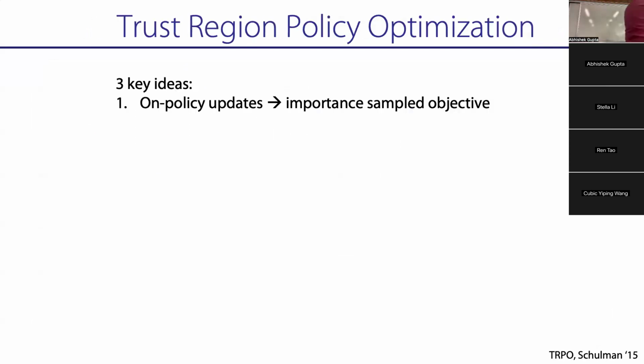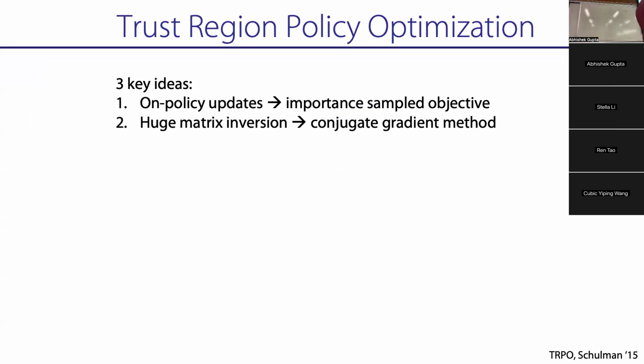And so what we're going to try and do is deal with these issues with the algorithm TRPO, which has three key ideas. The first is that you don't want to do just one gradient update per data collection step. You want to do more than one, and we deal with that with importance sampling. You want to avoid this huge matrix inversion, so you don't want to use np.linalg.inv.